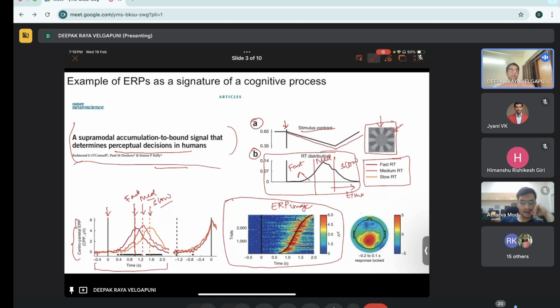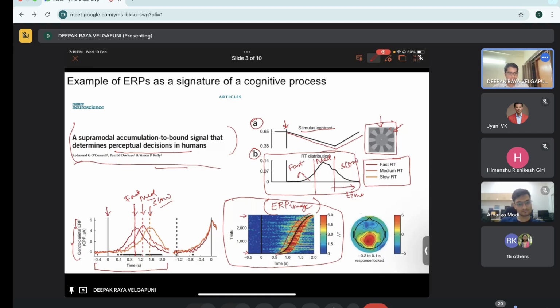Trial 1 might have a faster reaction time, trial 2 might have a very slow reaction time, but they sort all those trials such that the reaction times are sequentially arranged by how fast they are. So this is a faster reaction time trial, and this is a slower reaction time trial, and they plot an ERP image for that. Now you can see dark patches here, this sigmoid-shaped thing, like a hysteresis curve.